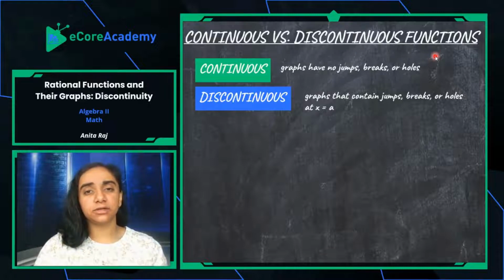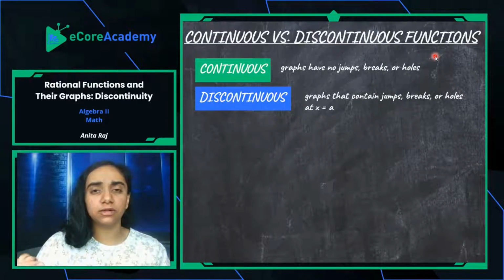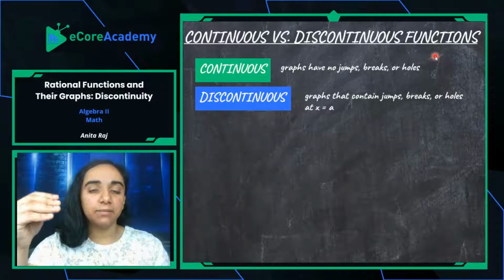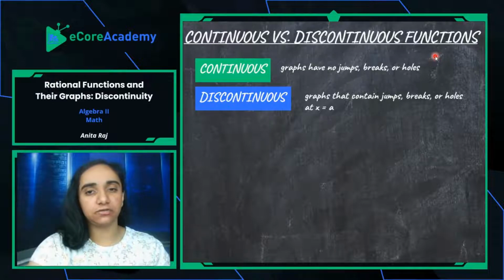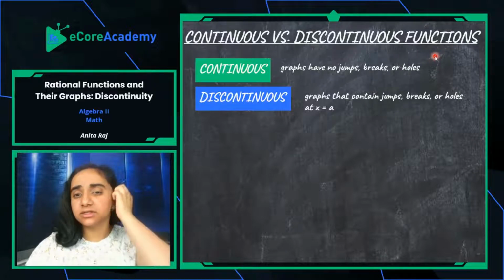Every single x-coordinate needs to have a corresponding y-coordinate for the function to be continuous. But when we have holes, we do have an x-coordinate, but because of that common factor, we have to put a hole in the function, so it's technically not a defined point that is part of the function. So that also is an undefined point, so it's a discontinuous function.